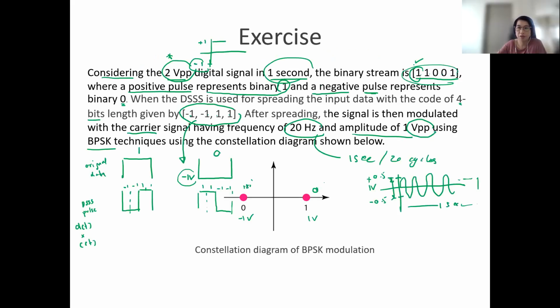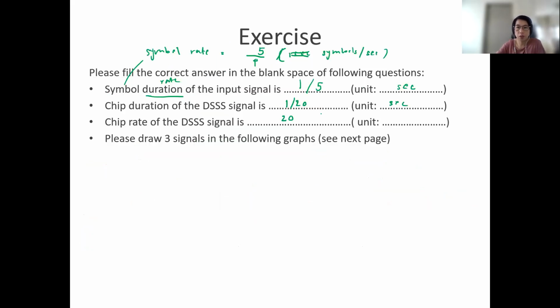Because one data bit represents the full length of the code, but you have 5 data bits in 1 second. So in total, we have 5 times 4, meaning 20 chips. It should be chips per second. Chip rate means how many chips in 1 second.